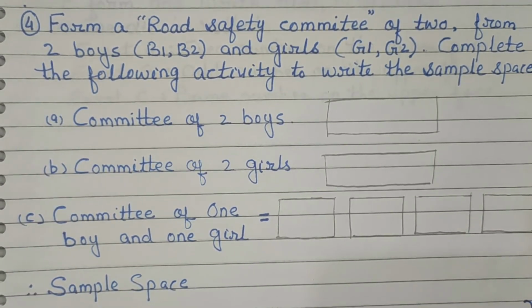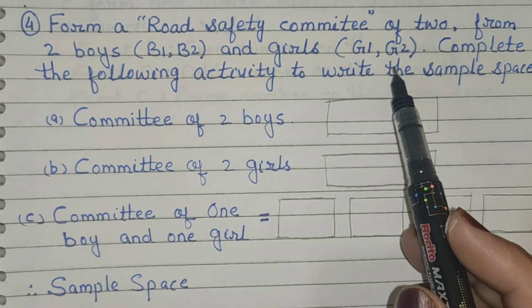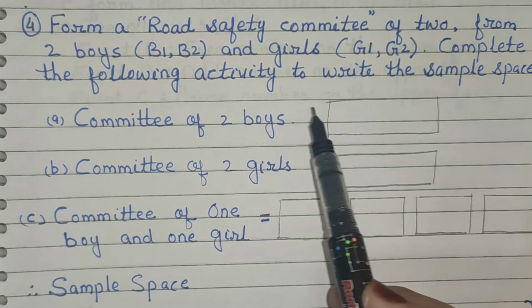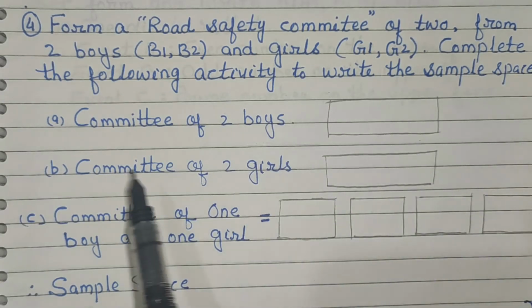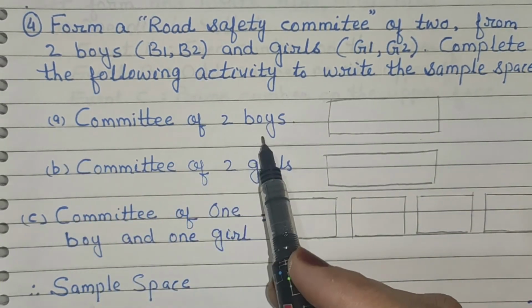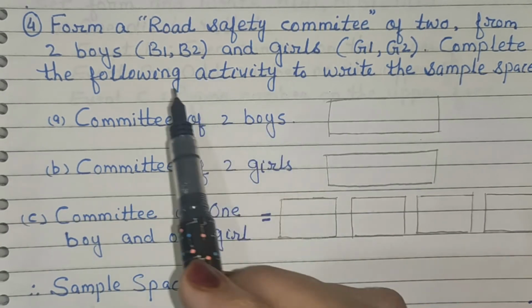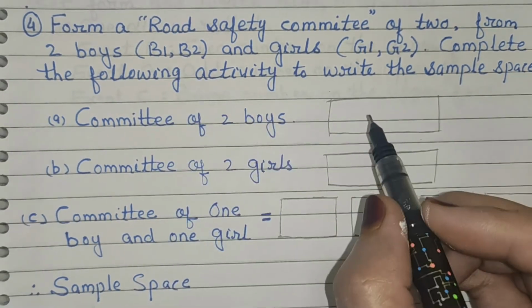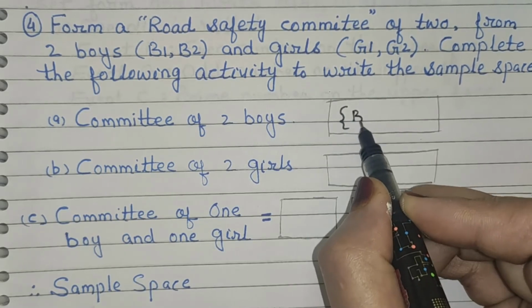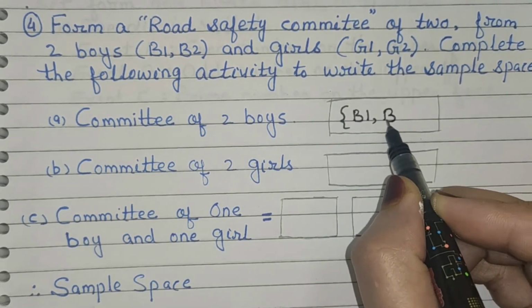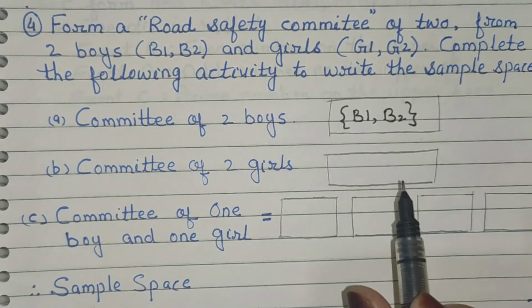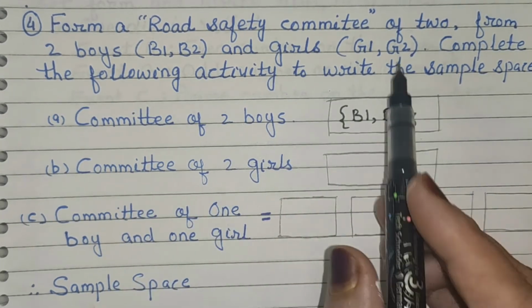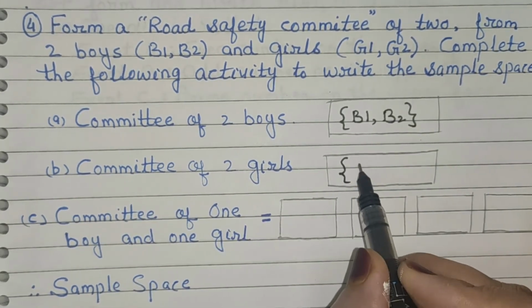Now, next question is, form a road safety committee of 2 from 2 boys B1, B2 and 2 girls G1, G2. Complete the following activity to write the sample space. Now, first one is committee of 2 boys. Now, 2 boys are B1, B2. Therefore, B1 and B2. Next, committee of 2 girls G1, G2.